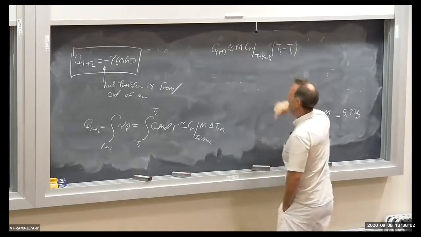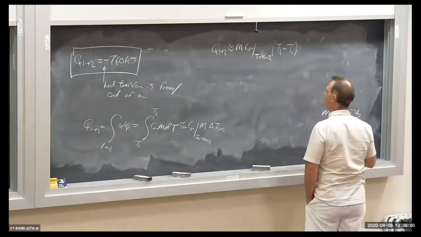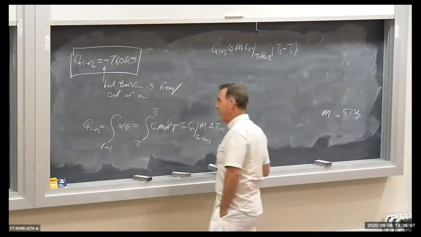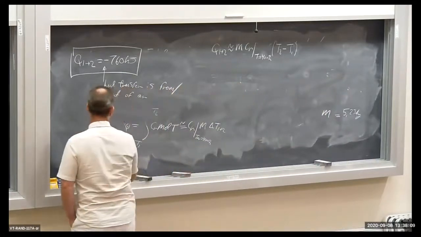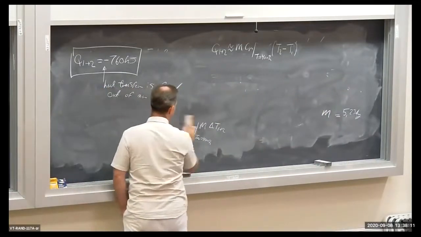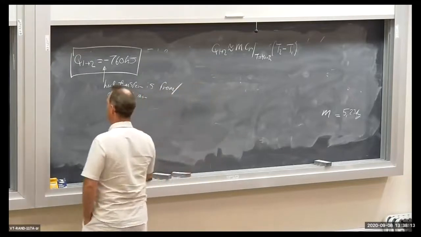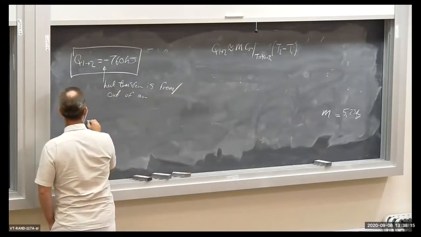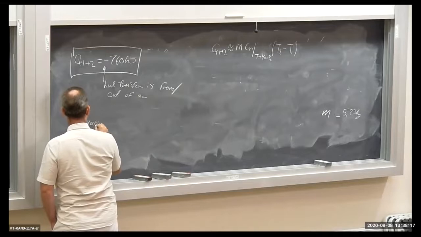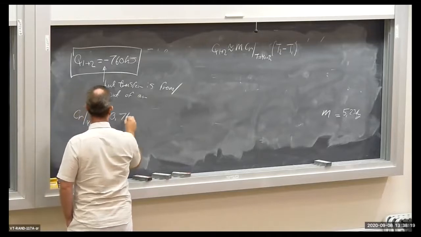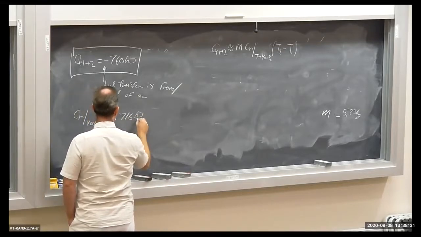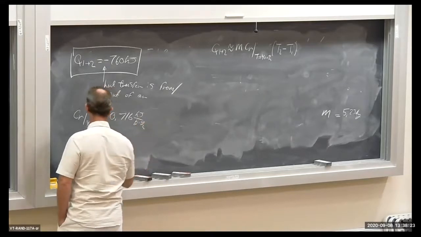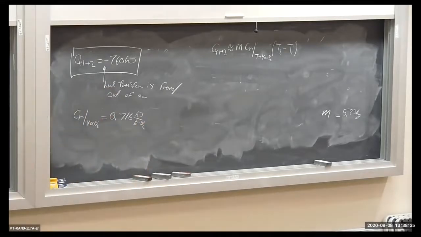I have the mass, Cv again. Let's see here, what was Cv? 0.716 as I recall. Cv at 400 degrees Kelvin, 0.716 kilojoule per kilogram degree Kelvin, and that's from the table. Make sure I got the right number here.